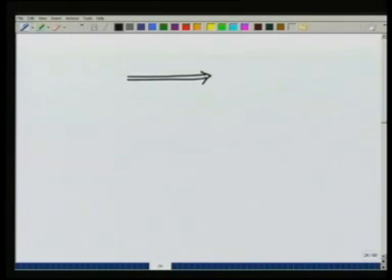Let us see, at time t equal to 0, I am applying a force which is in the horizontal direction. The net displacement is behind this by an angle phi. This is the net displacement in this direction.